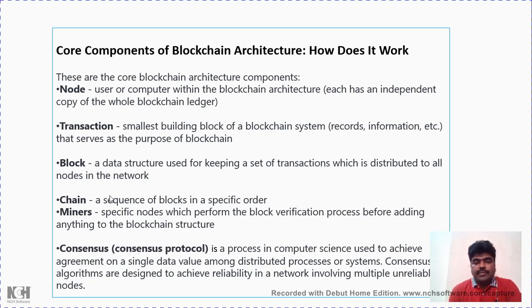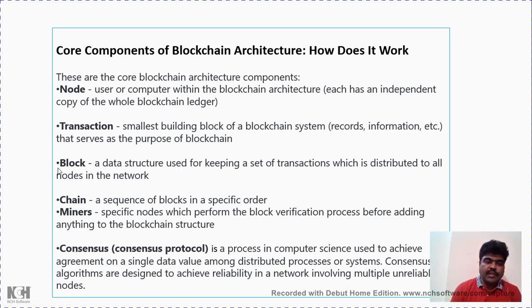A node is any computer within the blockchain network, and each has an independent copy of the whole blockchain ledger. The ledger keeps track of the day-to-day transactions. Each node can be either a computer or a user that participates in the network.